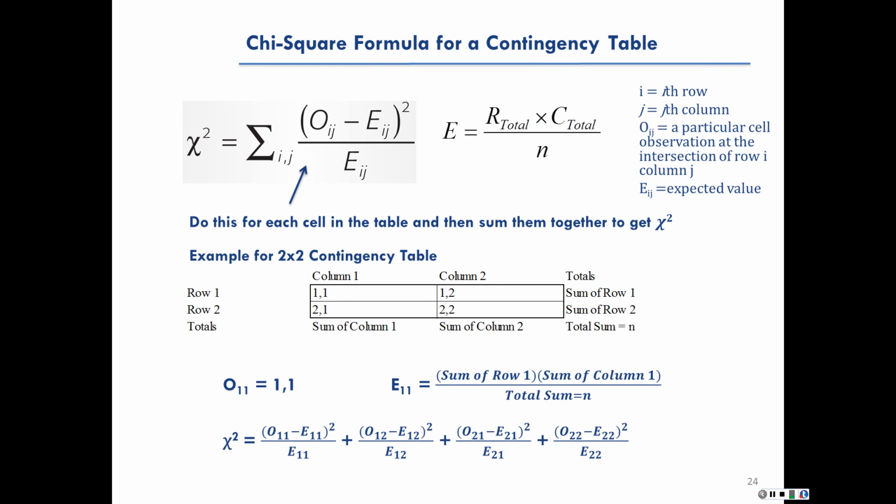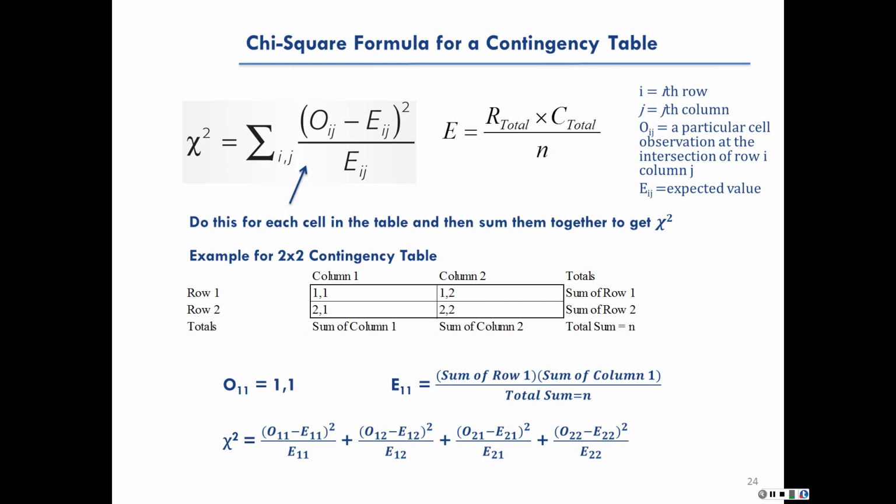And so to get chi-squared, you would do that. You would take the observed for column 1, row 1. You subtract from that the expected for column 1, row 1, using the formula that I'm showing you there. And then you take the square of that, and then you divide that by the expected value for row 1, column 1.